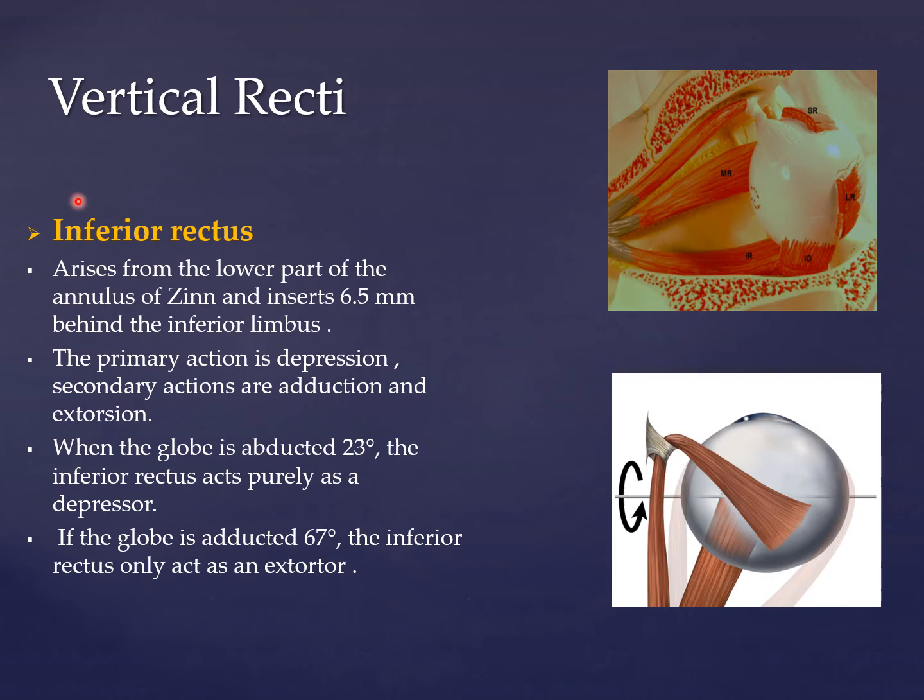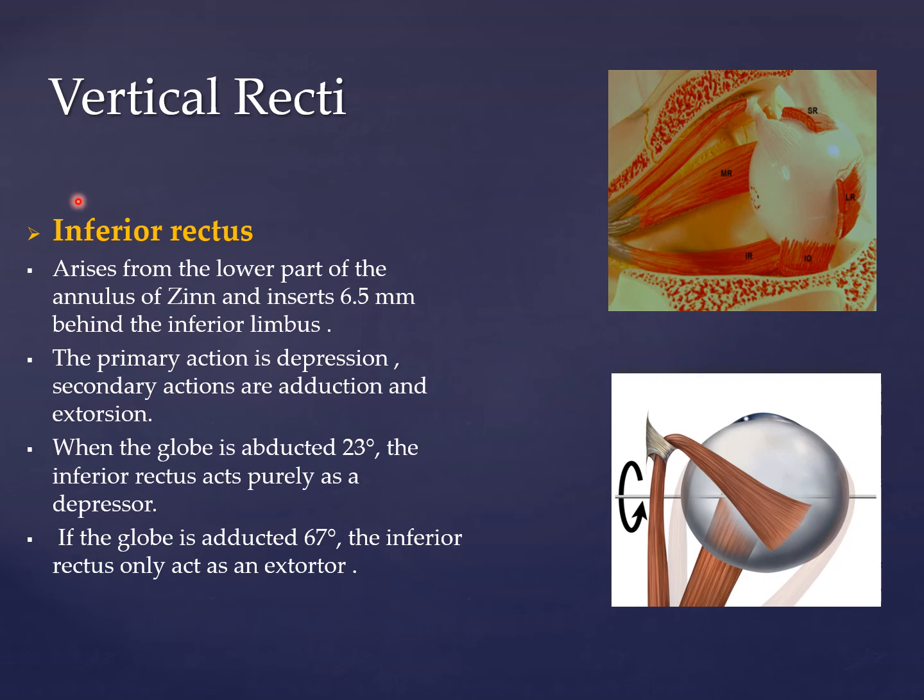Now the inferior rectus. Inferior rectus arises from the lower part of the annulus of Zinn and it inserts 6.5 mm behind the inferior limbus. When the eye is in primary position, its primary action is depression and secondary actions are adduction and extorsion. Why is it a depressor? Because it is attached inferiorly and anterior to the equator.